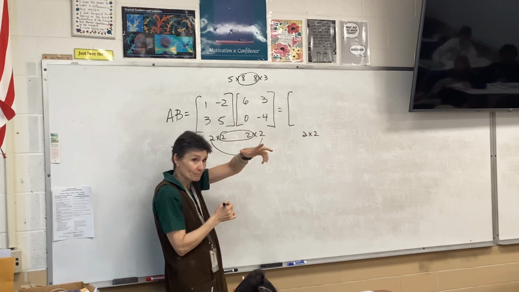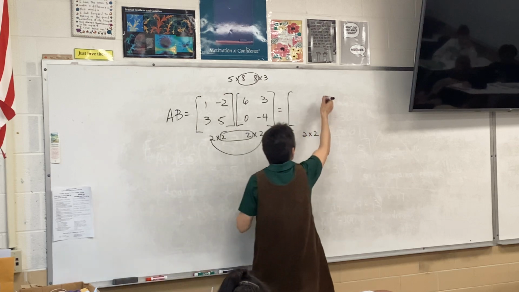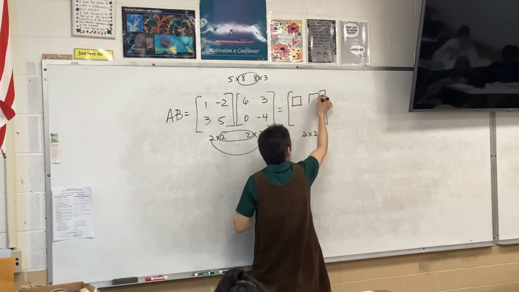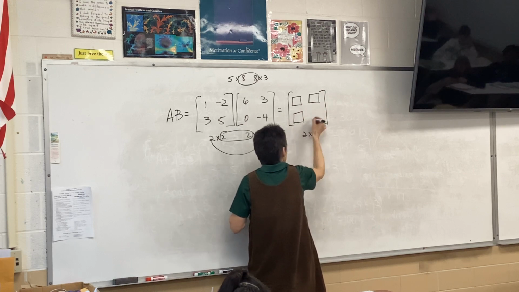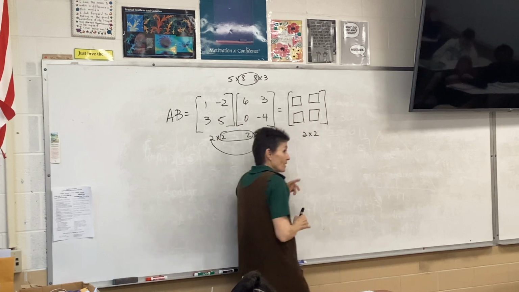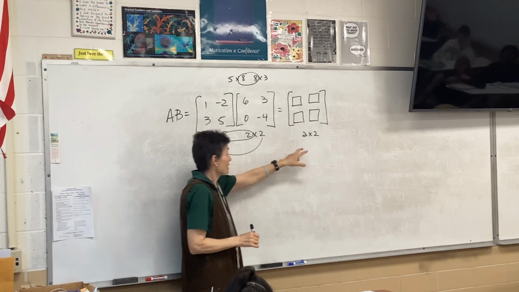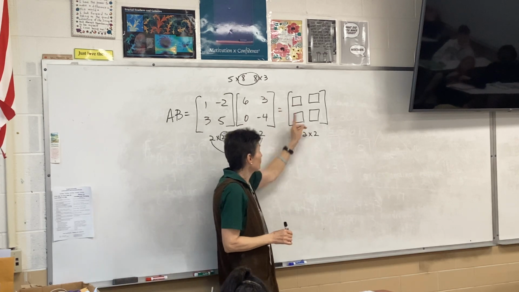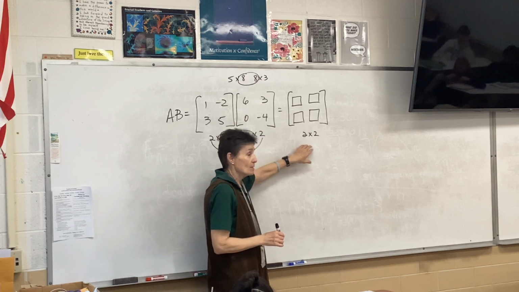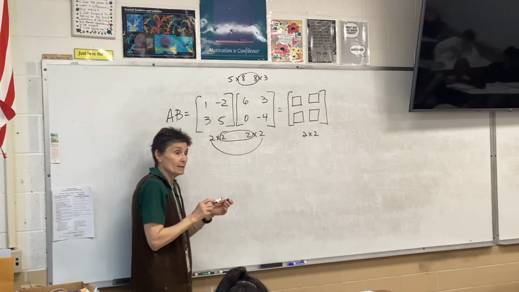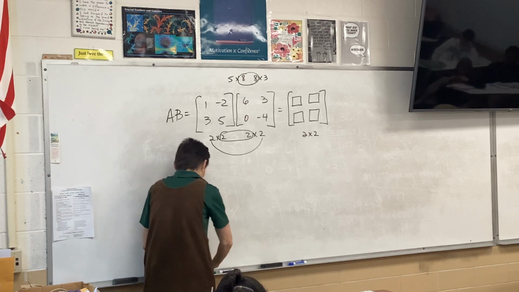Everybody got it? All right, so now I am going to build a new matrix. You don't have to draw these boxes, I am, because we've never done this before. We have to fill in these boxes. Our answer is going to have 2 rows and 2 columns. So now I have to figure out what all these numbers are. Here's how I do it.